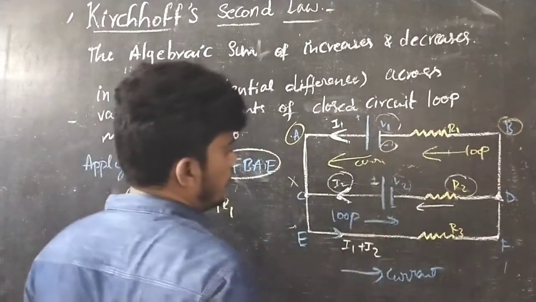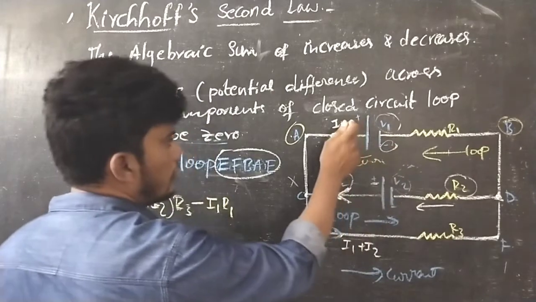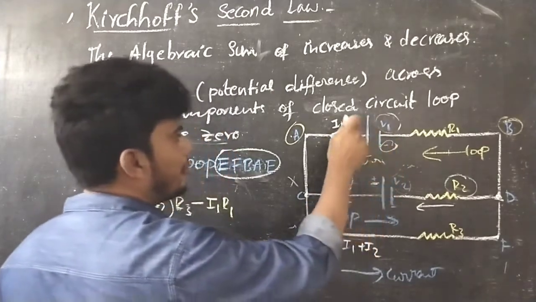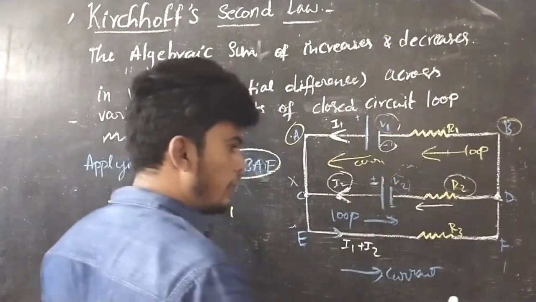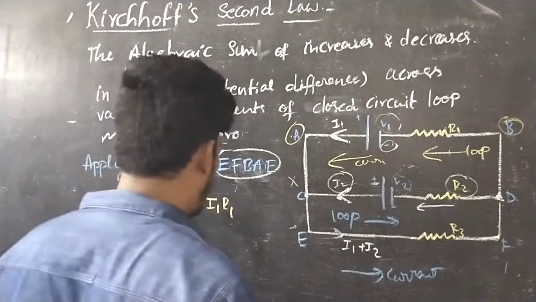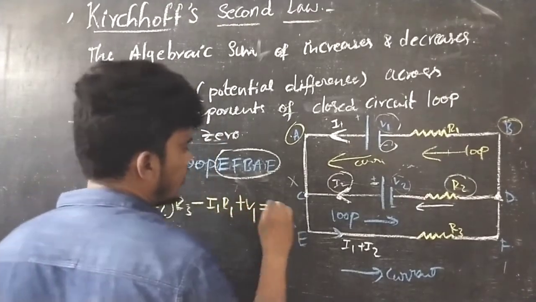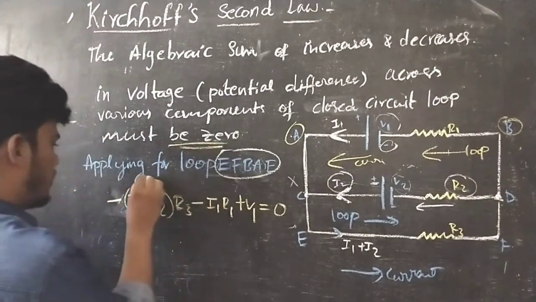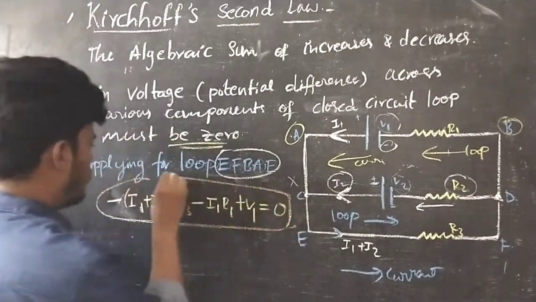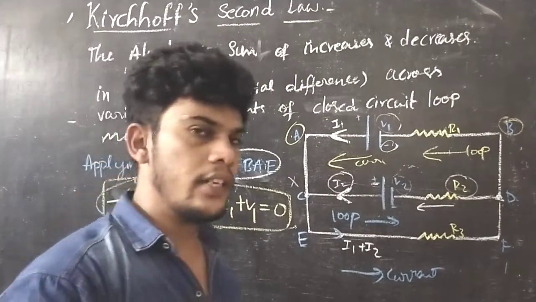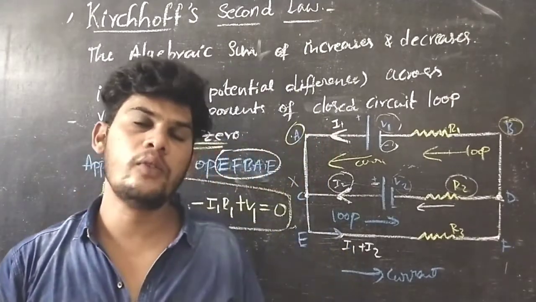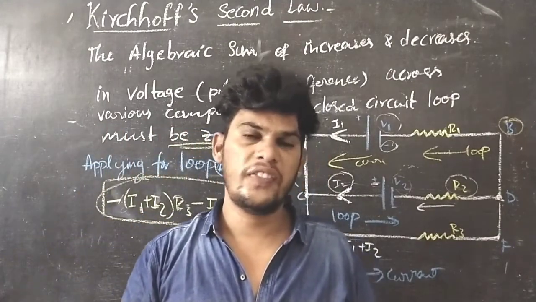What about the voltage value? Going from negative to positive, the value is positive. That's why positive V1. This is also 0 according to Kirchhoff's law. This is the third loop. So we can apply Kirchhoff's law for different loops in different ways.